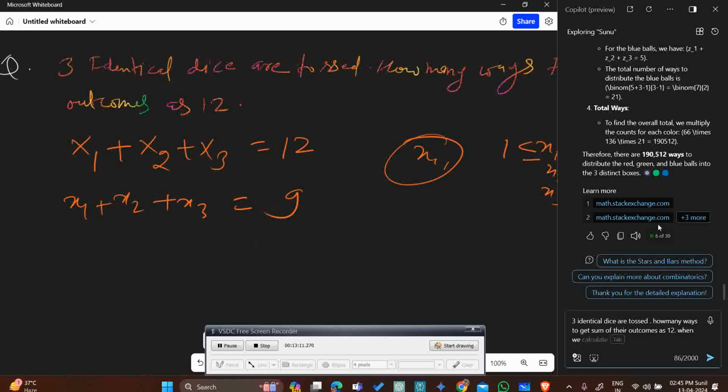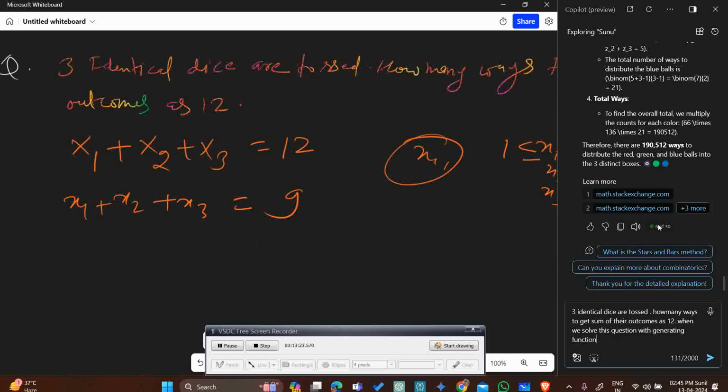When we solve this question with generating functions, with the equation x1 plus x2 plus x3 equal to 12.